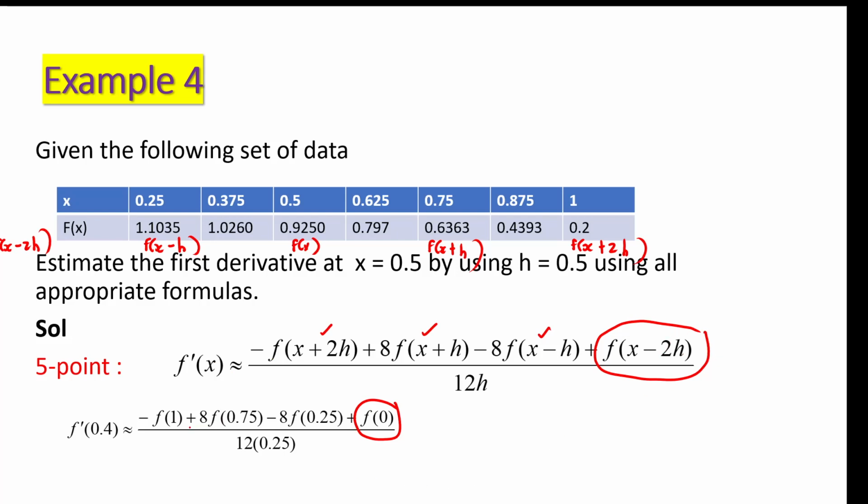That's why we cannot use the 5-point formula.